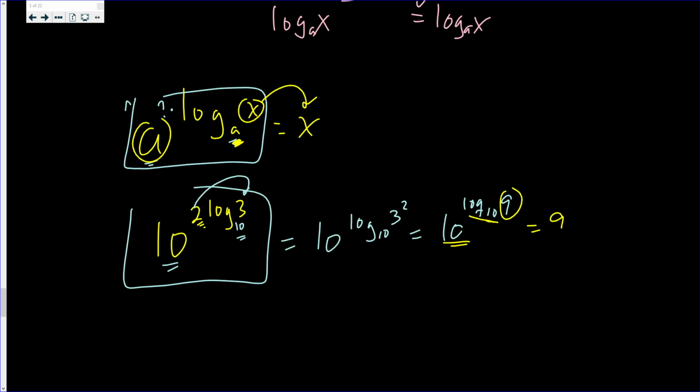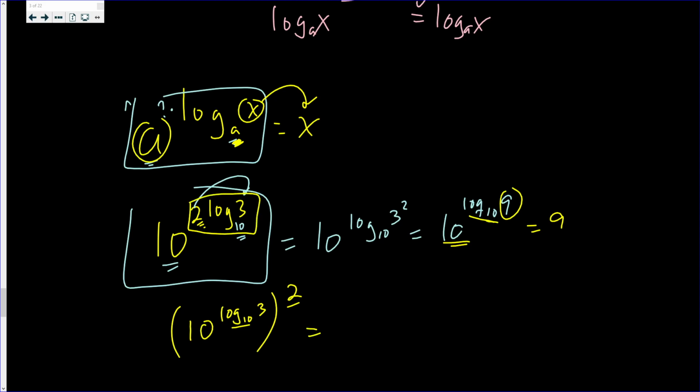Now, I guess what you can do is, that won't work. Yeah, what if you think of it as log base 10 of 3 squared? You can do it that way as well, because you're supposed to multiply the powers, and here you do get 2 log 3 when you multiply them.